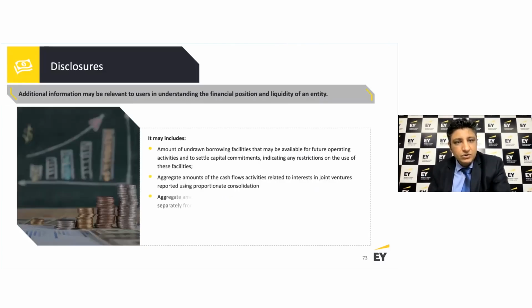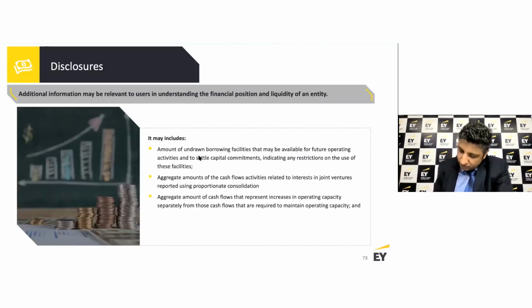Over and above, you want to also, for example, give a disclosure with respect to the amount of undrawn borrowing facilities which may be available for future operating activities. Similarly, amounts of the cash flows with respect to interests in joint ventures using proportionate consolidation, something to do with group accounting. Don't have to bother too much about that here.